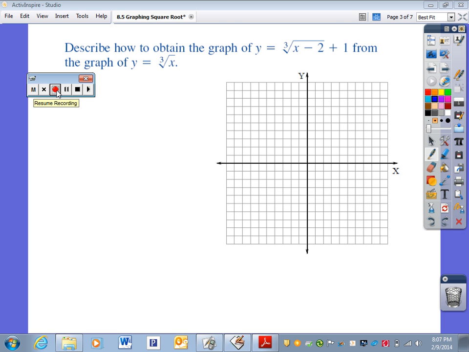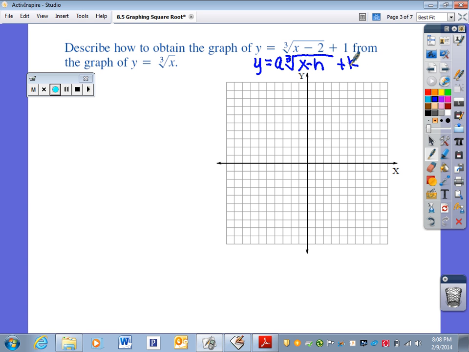So let's take a look at an example, and it says to describe how to obtain the graph of y equals the cube root of x minus 2 plus 1 from the graph of y equals the cube root of x, which is our parent function. So the first thing that we want to take a look at is our basic cube root function, a, and then we have the cube root of x minus h plus k.